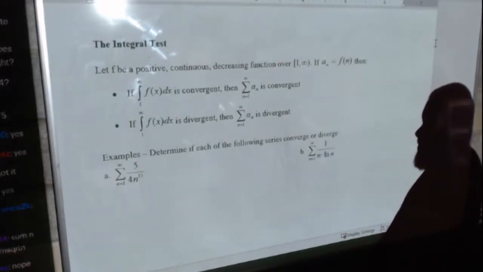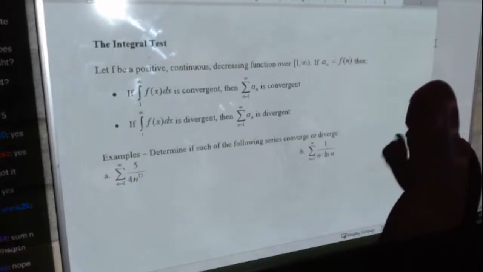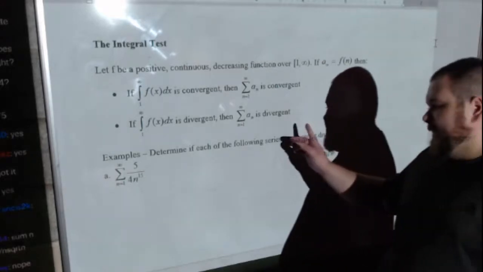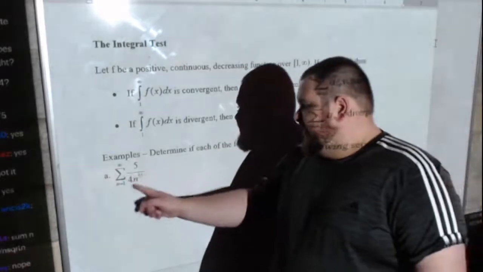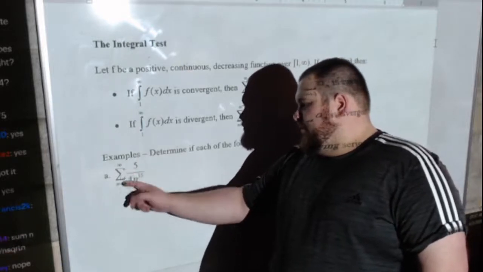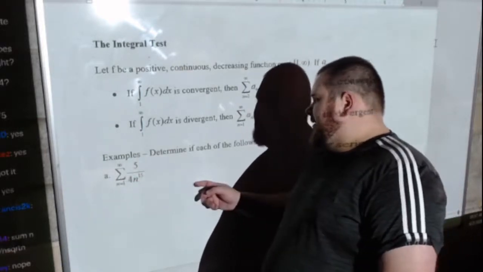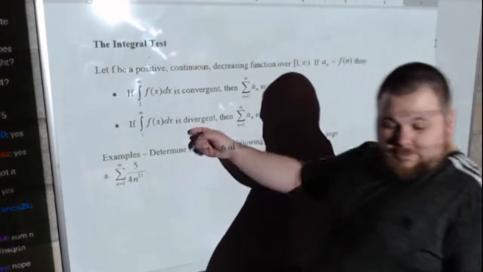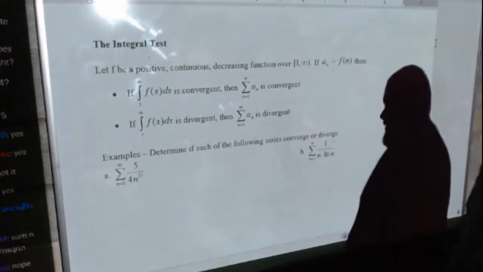Or if you get combinations of something like infinity minus infinity, that would be undefined. So all I have to do is take whatever's inside my summation, integrate it over the bounds that are given, and show that that thing either gives me some number or gives me infinity. So let's try those.